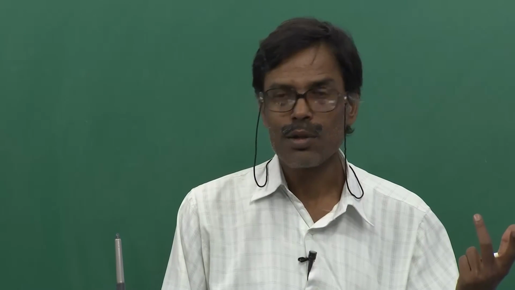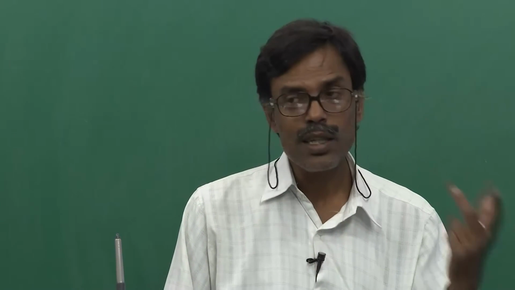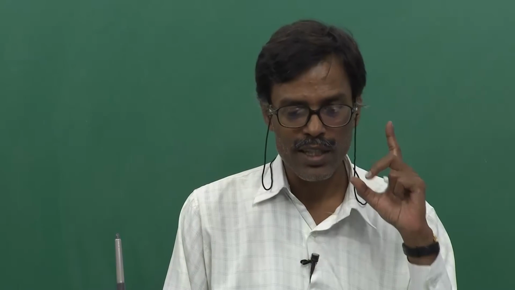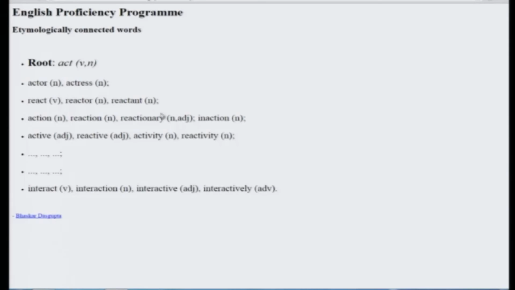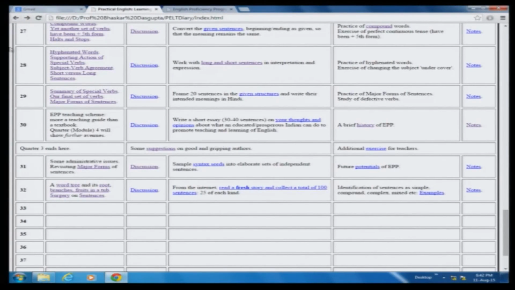So, connection through meaning and the part of speech you should be identifying properly. For example, this word is both noun and adjective, and the root word itself is both verb and noun. So, in the case of multiple identity, you should recognize that also. In many cases, it is not so easy to identify the multiple identities.